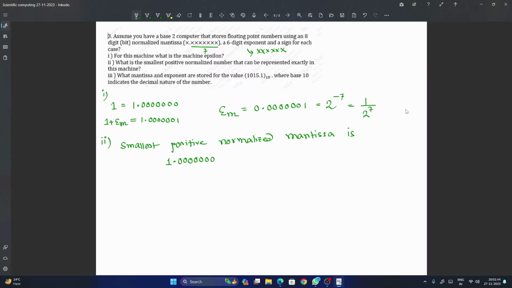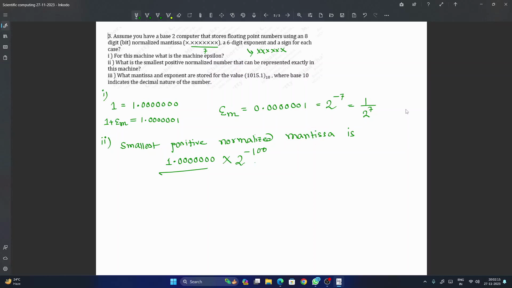Now if you want to make it smaller than that, you have to take a product with 2 to the power of some negative value. Because multiplying by 2 to the power negative means dividing by 2 to the power positive. If you take 2 to the power 100 here, it means dividing by 2 to the power 100.